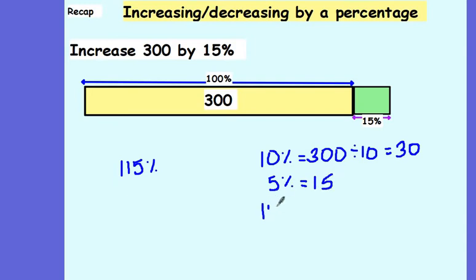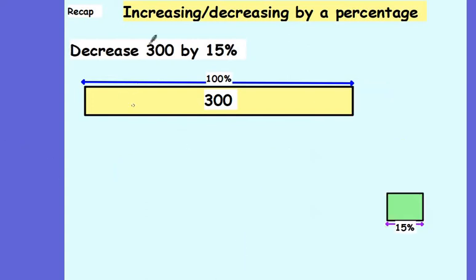So 15% is just adding those two together, which will give me 45. So this 15% block that I've added on is worth 45 to me. So altogether I get 345.